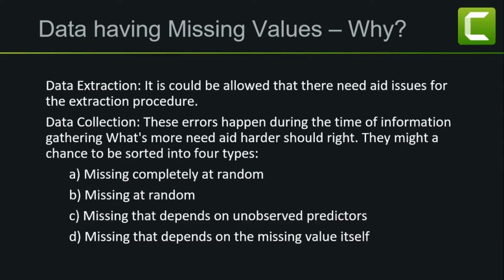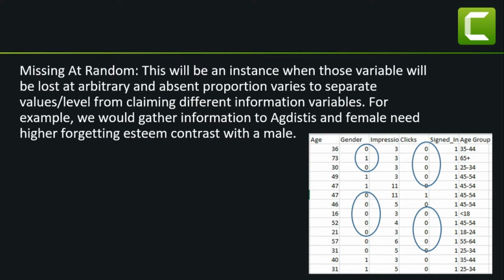Data collection: these errors occur at time of data collection and are harder to correct. They can be categorized into four types: missing completely at random, missing at random, missing that depends on unobserved predictors, and missing that depends on the missing value itself. We have missing values due to data collection.